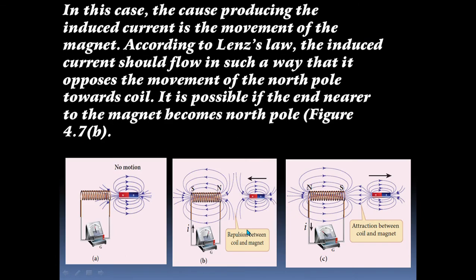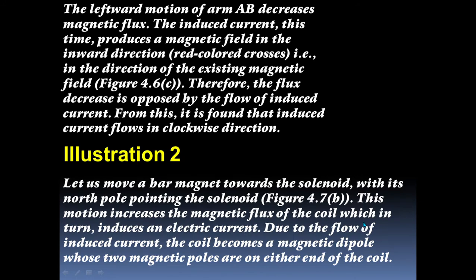More magnetic lines of force pass through this coil, the solenoid, so when the magnetic lines of force pass through the solenoid, current flows through the coil.